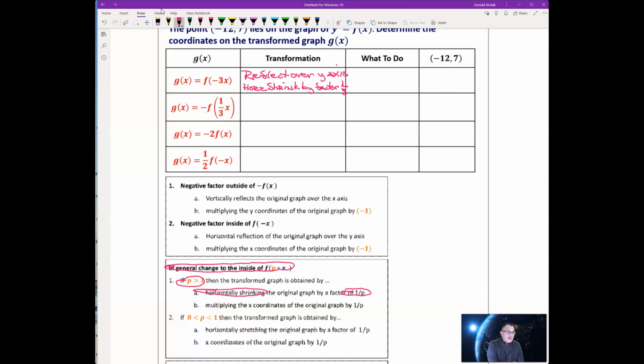Okay, to do that, we're going to multiply the x-coordinate by 1 over 3, and we can do it at the same time with the negative. So here, we're going to take each x-coordinate times negative 1/3. Okay, so negative 1/3 times negative 12 is positive 4, and the y-coordinate is unchanged.